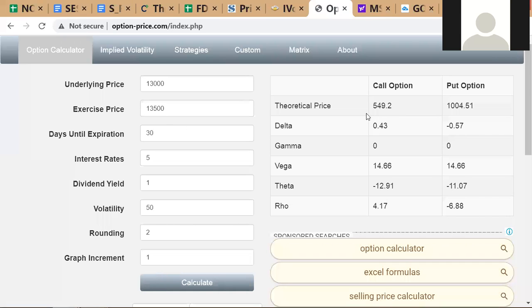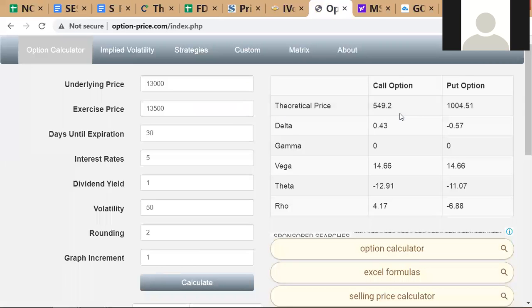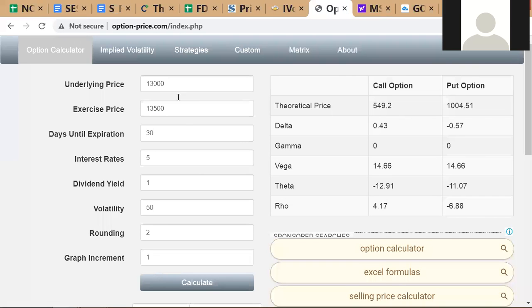The 13.5K call option is 549 points. We'll ignore the decimals. So the premium in the case of 13.5 is 549, and in the case of 12.5 we'll make this exercise price equal to 12.5, and we'll calculate it, it is 1028, 1029.